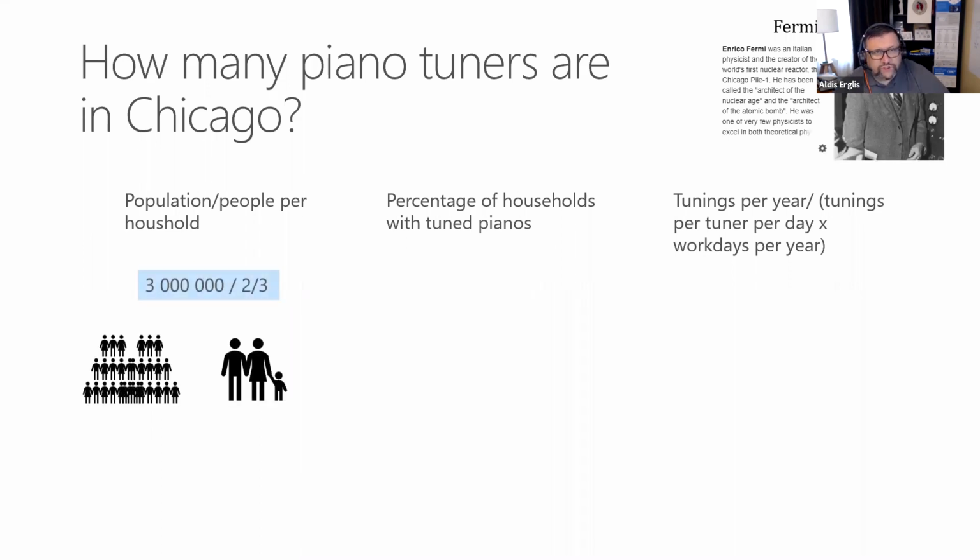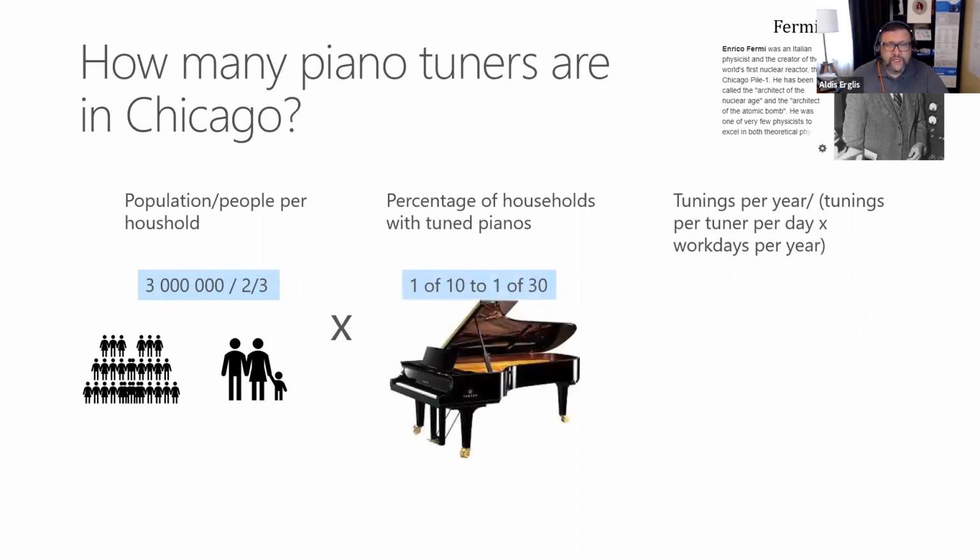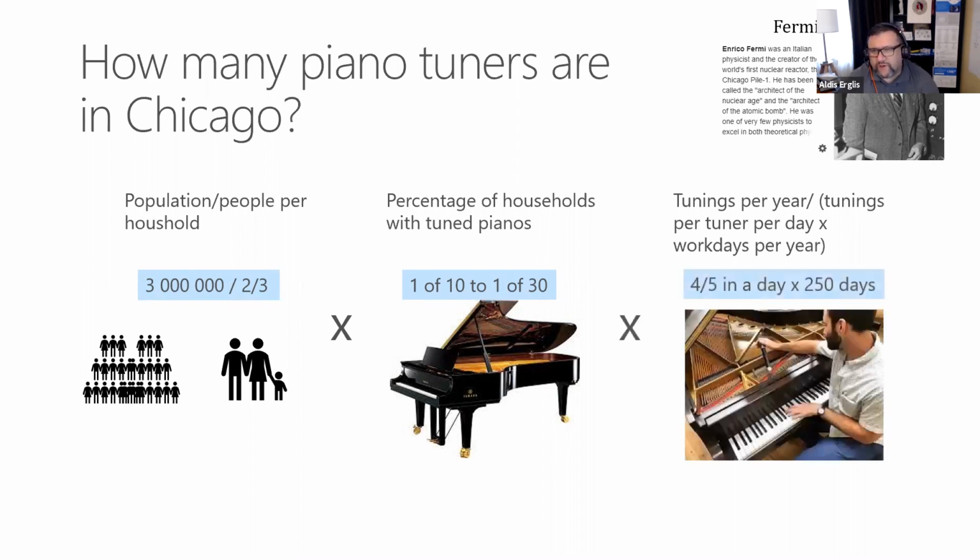You could just look at the population of the city and how many people there are per household. So you could calculate the households, and then multiply by the percentage of households with tuned pianos, like 1 in 10 or 1 in 30.